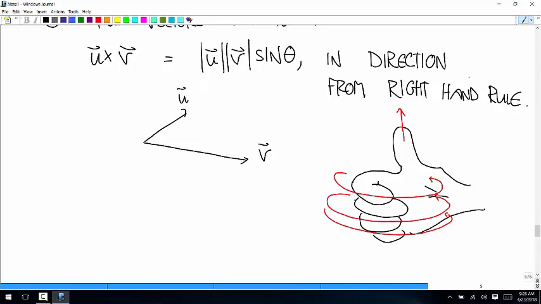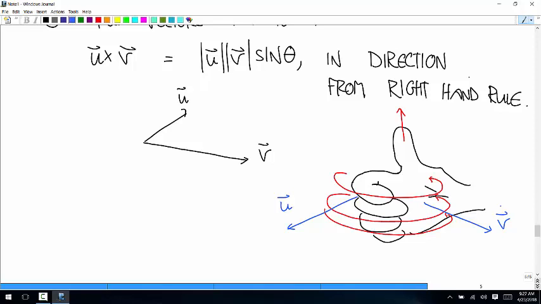So, like, this would be where U is going this way, V is going this way, something like that. So, which way do you have to rotate? Start at U. Think of it maybe this way.